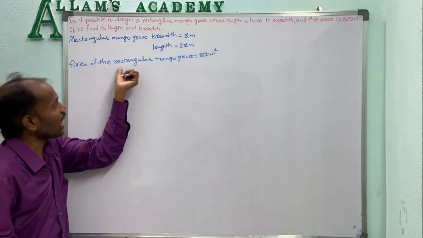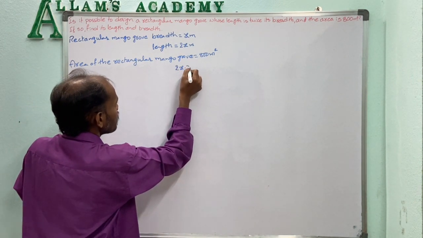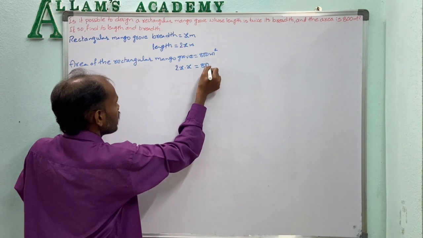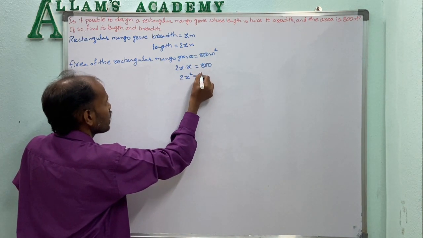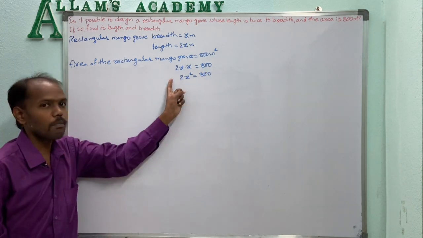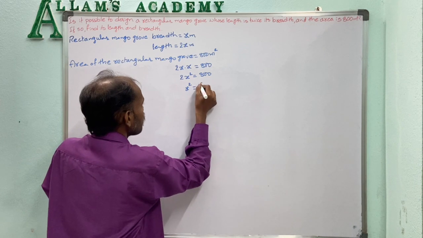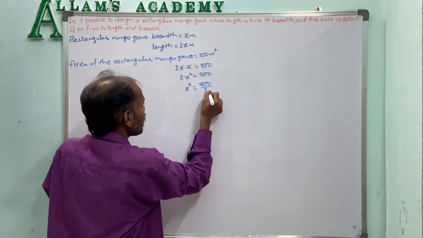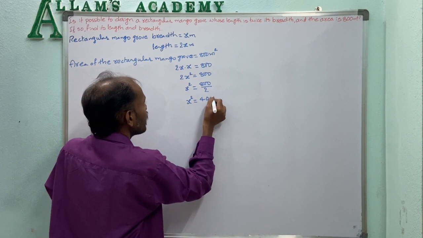The area of the rectangle is nothing but length into breadth, that means 2x into x equal to 800. 2x into x is nothing but 2x square equal to 800. Now this multiplication by 2 is transferred to this side, that is division. So 800 by 2 is equal to 400.